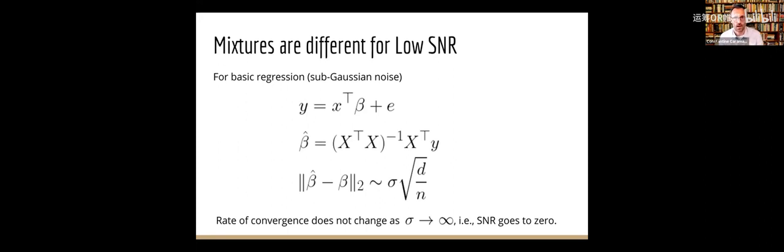We know what the least squares estimator looks like and how to compute it. We basically know everything about this problem. We know about the statistical rates of convergence when I solve the finite sample limit. We know that the scaling of the error looks like 1 over the square root of the number of samples that I have.